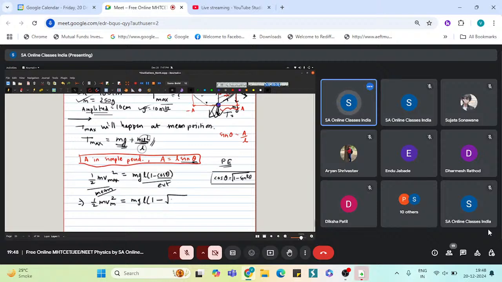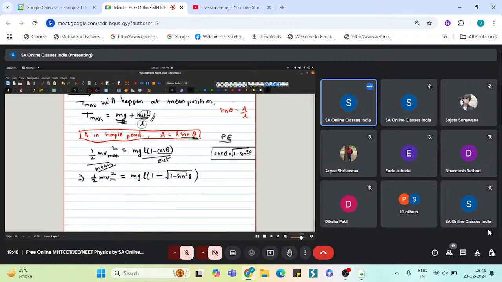So we'll just plug that here. But we need mv square upon L, so we can just figure that formula out and plug this whole information here.